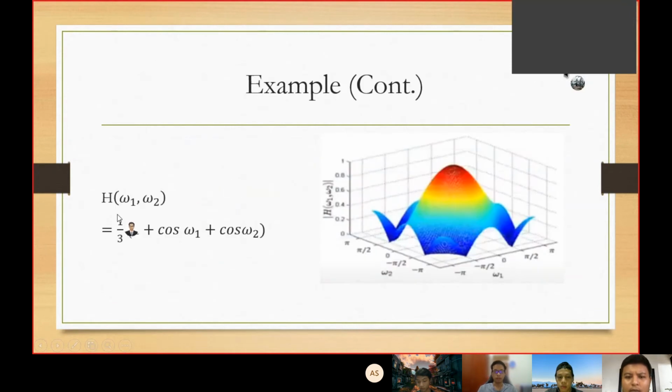Here is the frequency formula that we use, and here is the plotted graph of the formula. As you can see over here, the density is very high compared to the lower parts, and it gets lower and lower until it dips to 0, and then it rises back up.